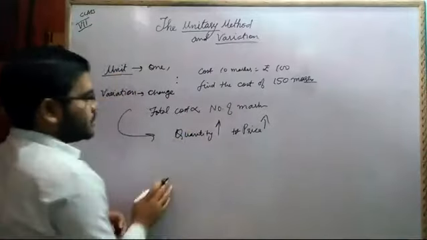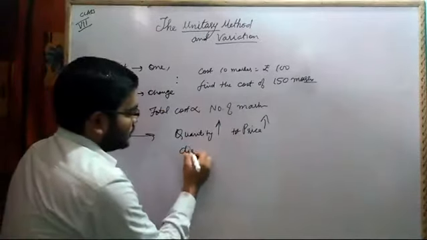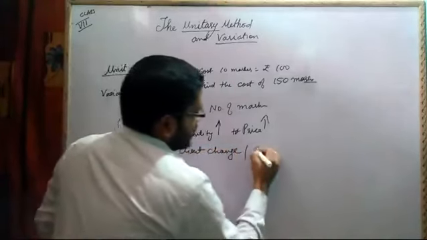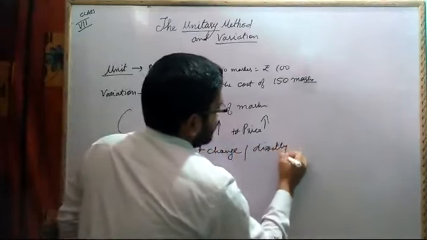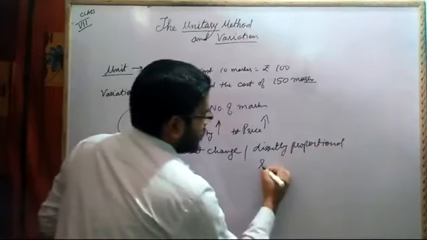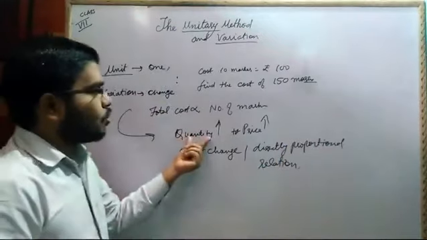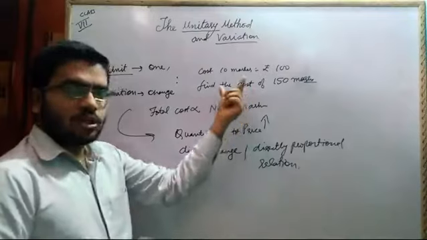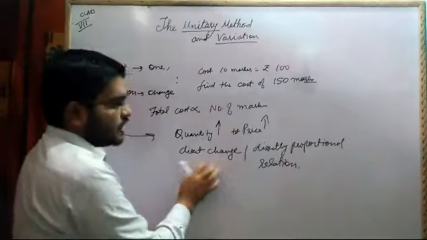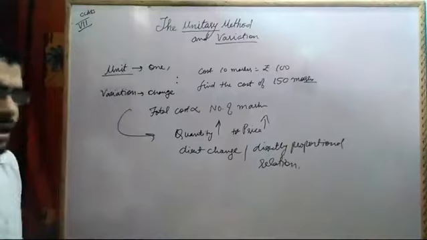So this type of change, this type of variation, is called direct change or direct variation, or in another word, it is called a directly proportional relation.